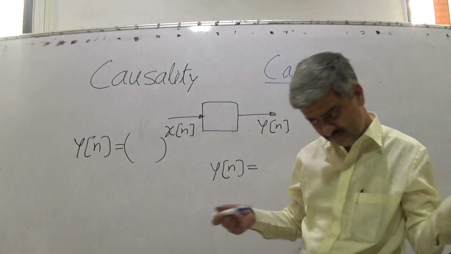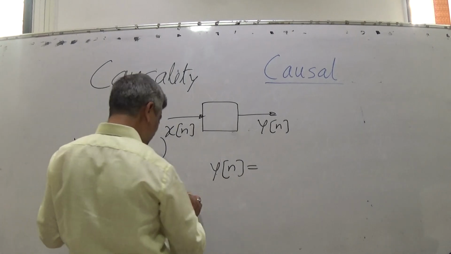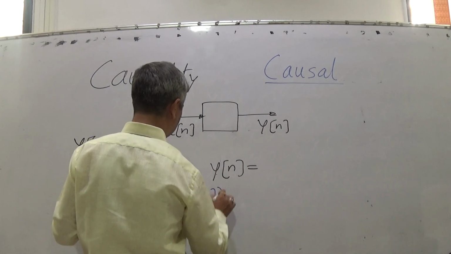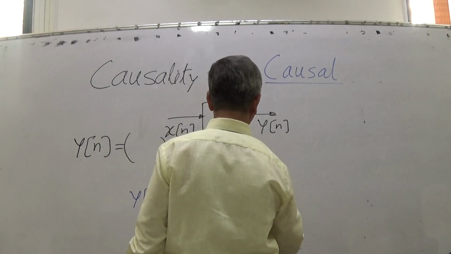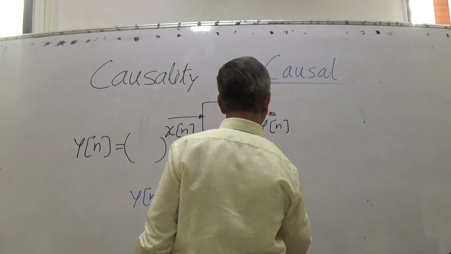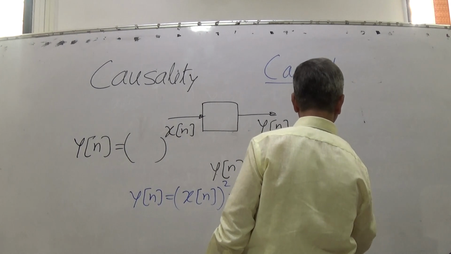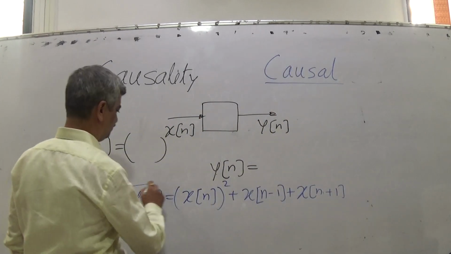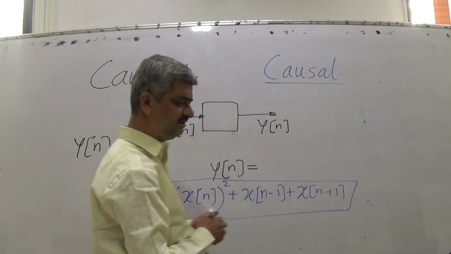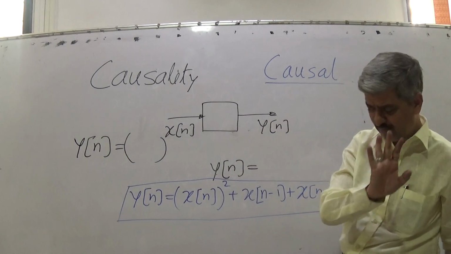But in general, we can have a system y[n] equals x[n] squared plus x[n-1] plus x[n+1]. This is one of the system equations. Here we are not bothered about linearity.